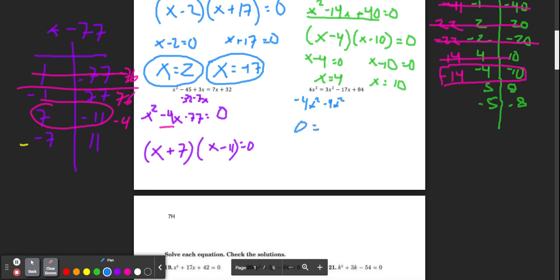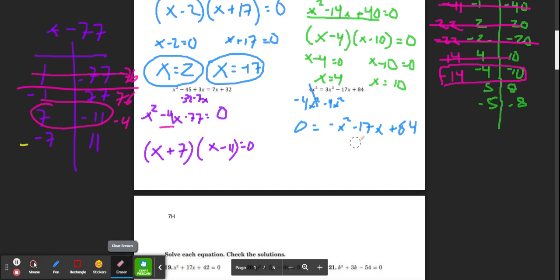So we get 0 equals negative x squared minus 17x plus 84. So we just move the 4x squared over. Now, we have negative x squared. We don't want that. We want positive x squared. And so we have to change the signs around. If we ever end up with negative x squared, all we have to do is change the signs of everything in here.